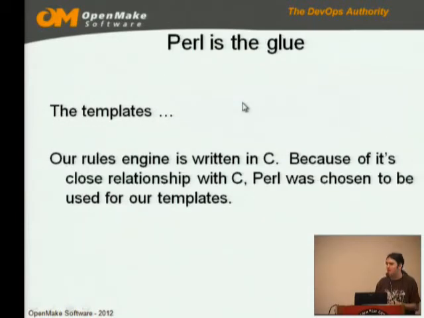Perl is what we make our templates out of. And since our rules engine is written in C, and this tight relationship that Perl shares with C, that's why we chose Perl to make our templates. So Perl is the glue, or the duct tape, if you prefer.